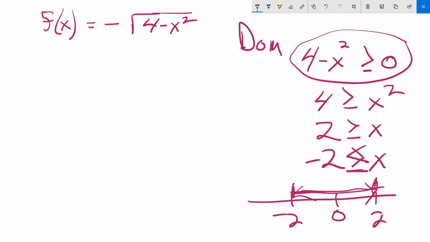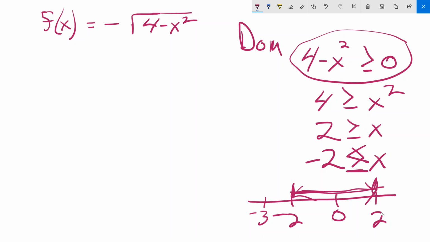You see that? Yeah. In other words, like I said, if we pick a point minus 3, we end up taking the square root of a negative number. If we take a point to the right of 2, like positive 3, we also end up taking the square root of a negative number. So we've got our domain.